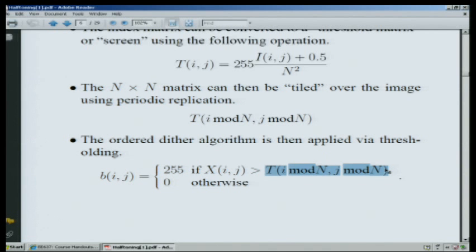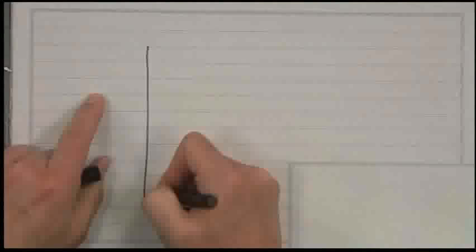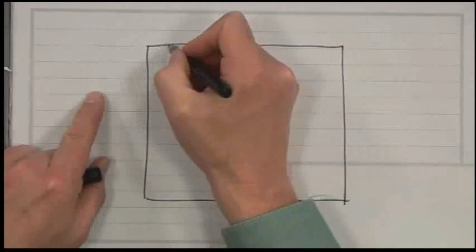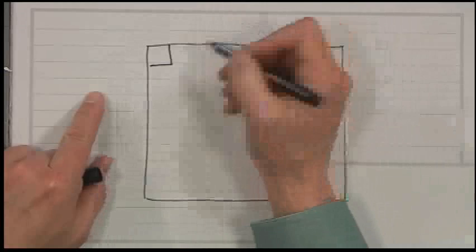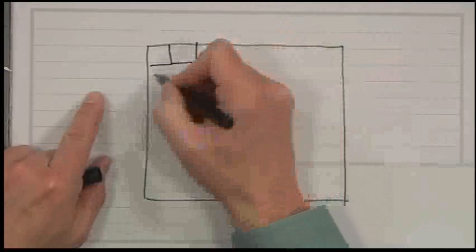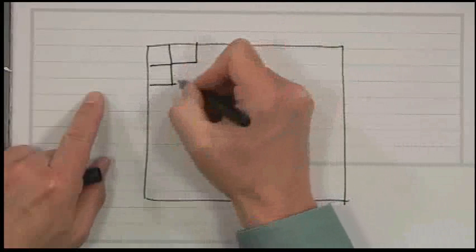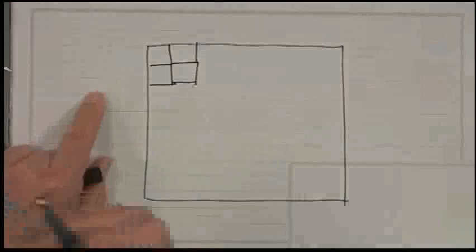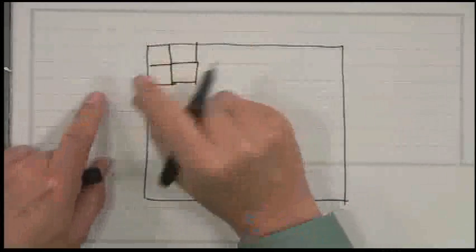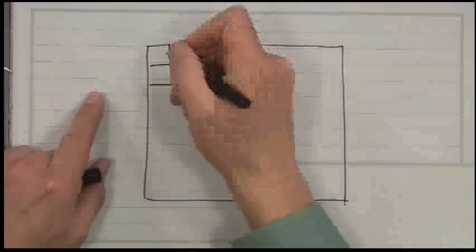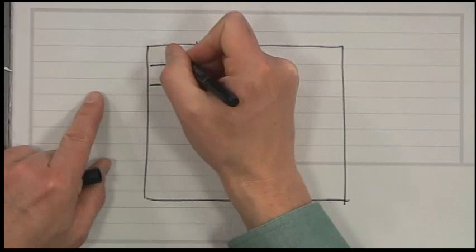Because if you've ever been in a kitchen, on the floor, typically they'll have tiles. So you have a tile like this, and then you repeat the tile. Now, the thing about tiling is that if you're going to have a pattern in the tile, the pattern has to be designed so it repeats.